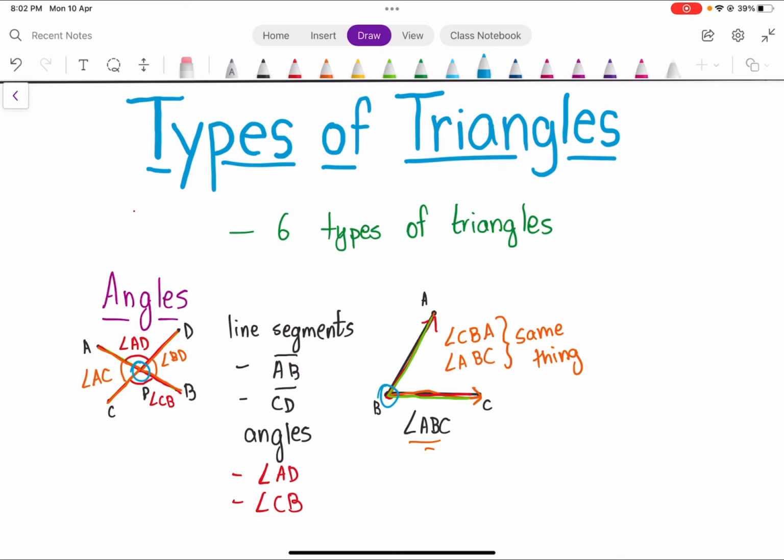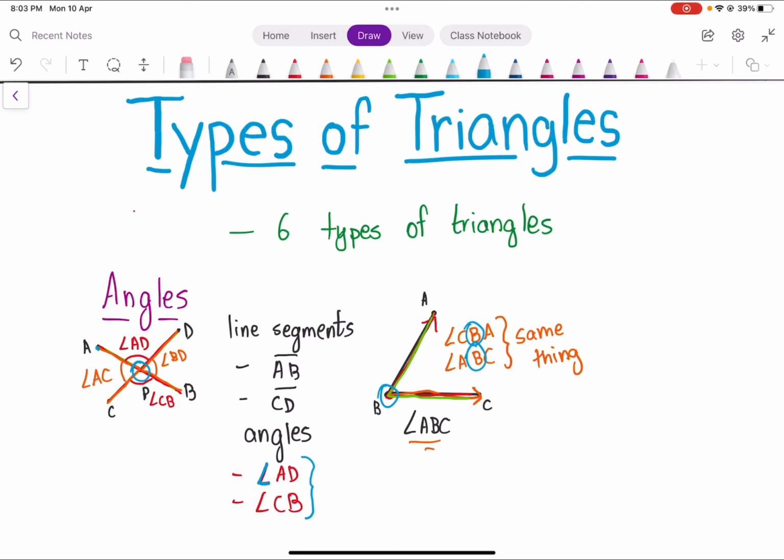Now, if you look over here at these two examples, I didn't include the middle variable. Why did I do that? Well, that's because it doesn't really matter. As long as you have the angle sign in front of it, it still means the same thing.